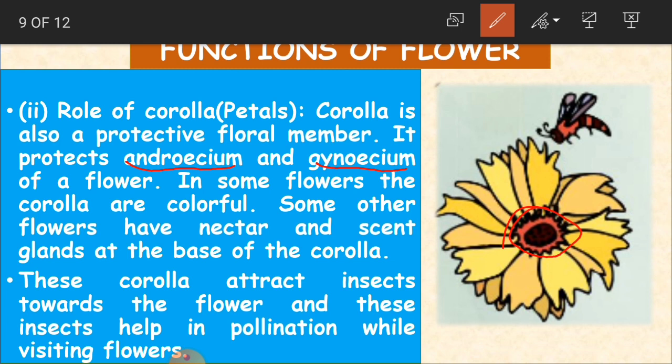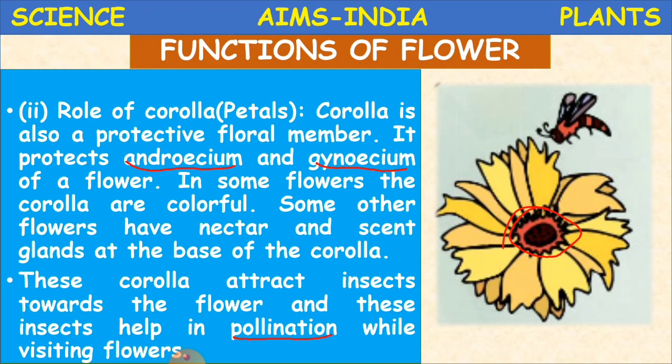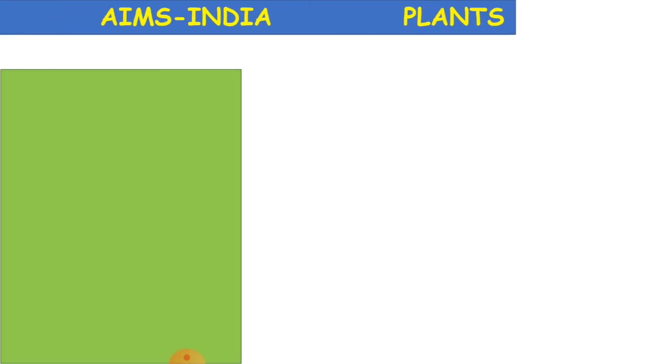So because of this, the insects come to the flower, and they help in pollination. Okay children, when the pollination process goes on, definitely we will be able to get seeds, vegetables and all that from the flower. Okay, clear?